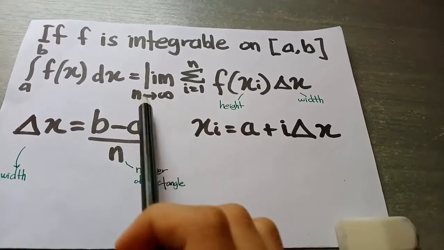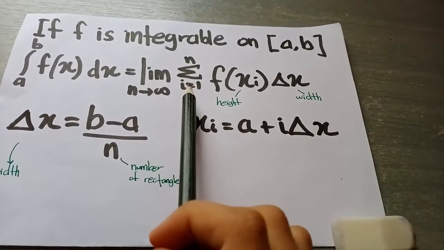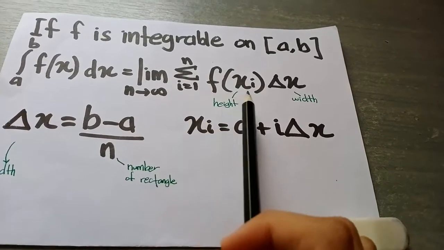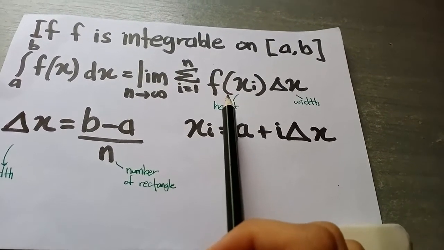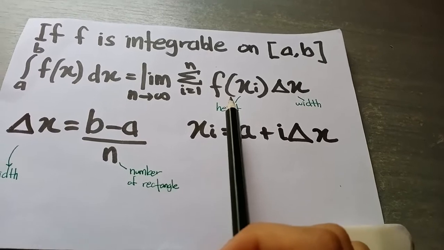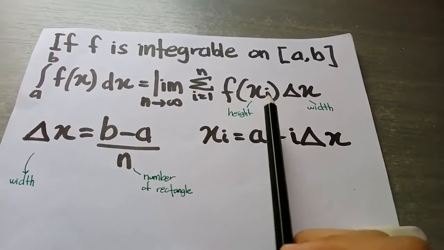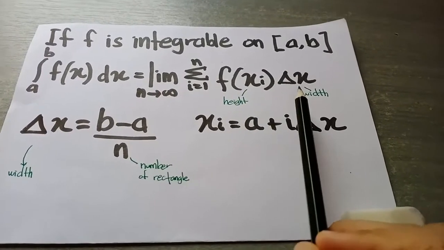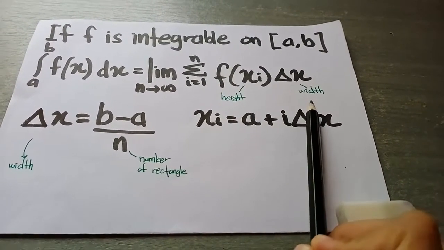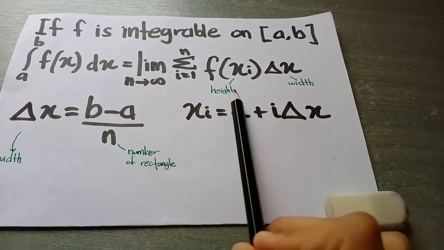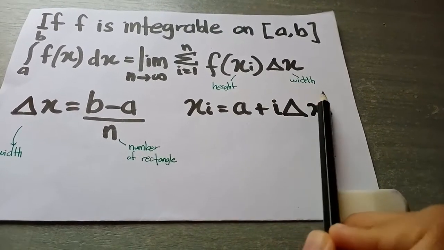As we know, this is the Riemann sum, and it is used to find an approximation of the area under a curve. This f(xi) is the height, and this delta x is the width, so this is the height of the rectangle and the width of the rectangle.